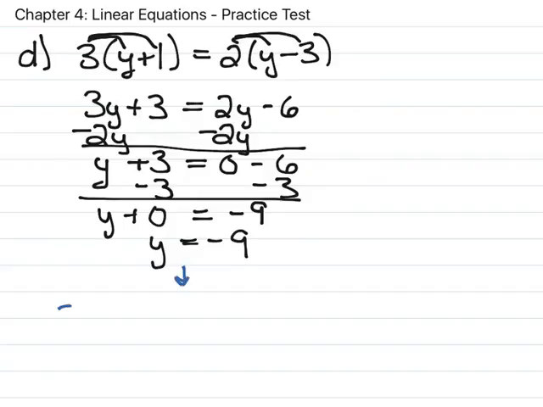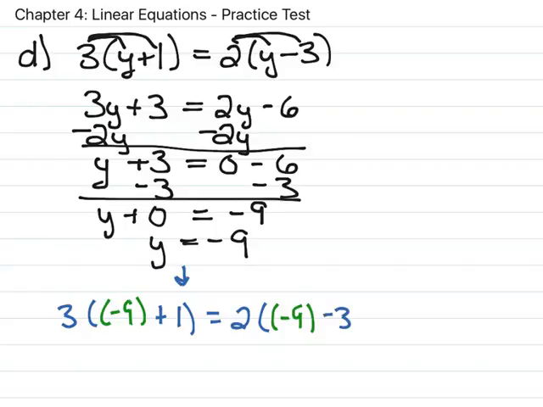So we're going to have 3, and then instead of having y, we have negative 9, plus 1 is equal to 2. Again, we have negative 9, that's y, minus 3. So negative 9 plus 1 is negative 8.